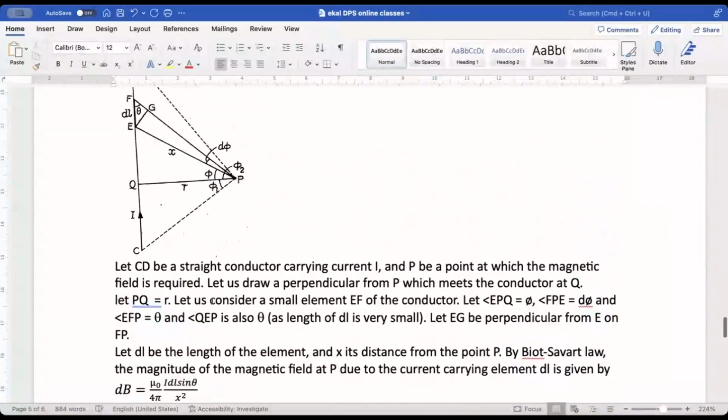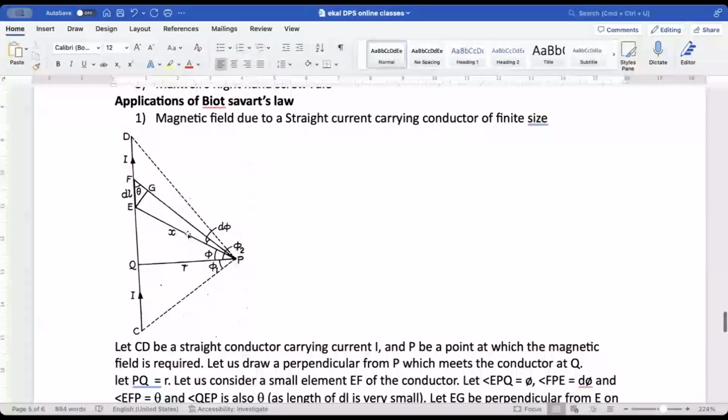Now, so this is x. So how can this x be found? In triangle EQP, we have cos phi is equal to r by x.